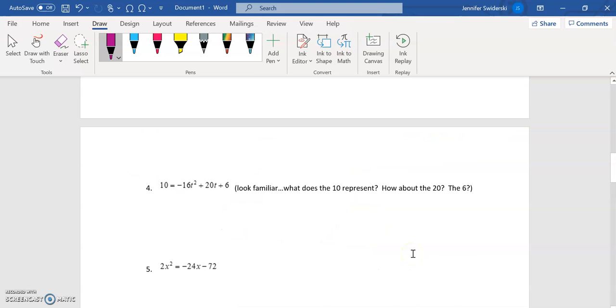So let's go down to 4. It says 10 is equal to negative 16t squared plus 20t plus 6. Does this look familiar? Well, yes, this is that vertical motion model from chapter 8. What does the 10 represent? How about the 20? How about the 6?